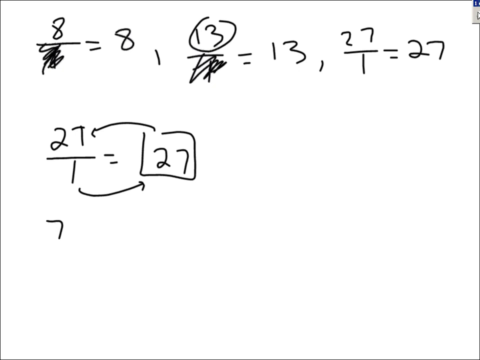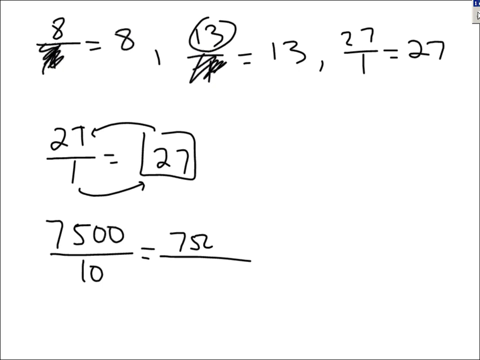If somebody asks you, what is 7,500 divided by 10? Well, whether you write this step or not, you should realize that if you see no decimal, it's all the way to the right. Then you have a rule that says you can move the decimals as many places as you want, 7 to the left, 4 to the right, 1 to the left, 17 to the right, as long as you do it to the top and the bottom.